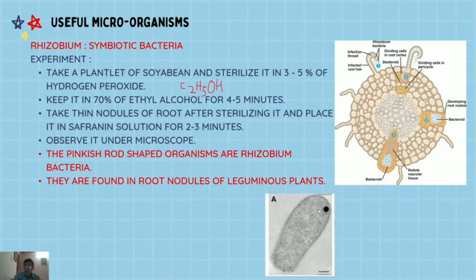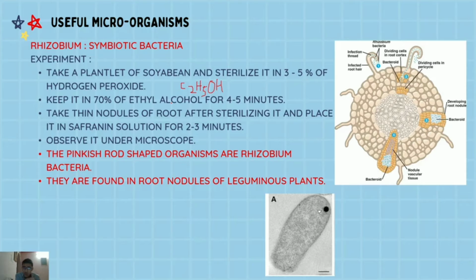After performing all these steps, we can observe that specimen under a microscope. After doing all these steps, we will get a specimen, and that specimen will be placed on a slide, and we will place the cover slip and then observe it under a microscope.